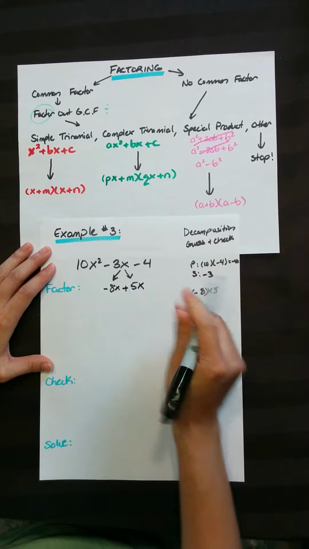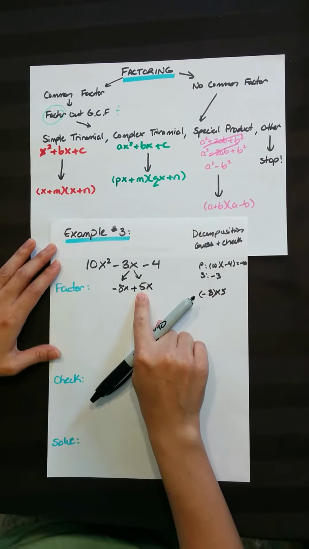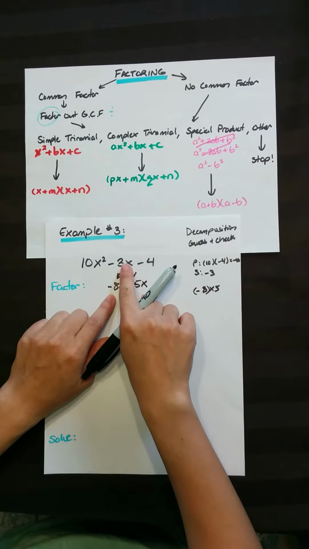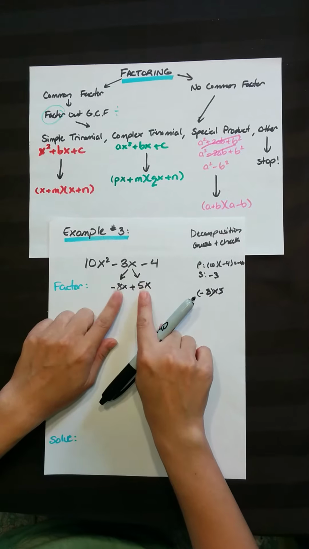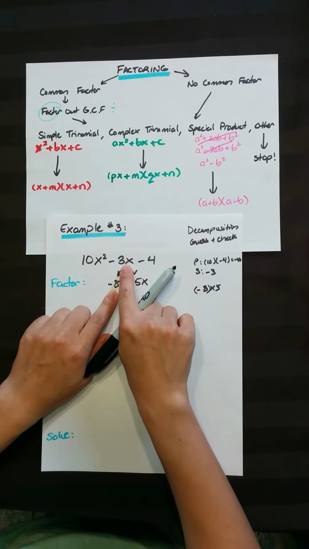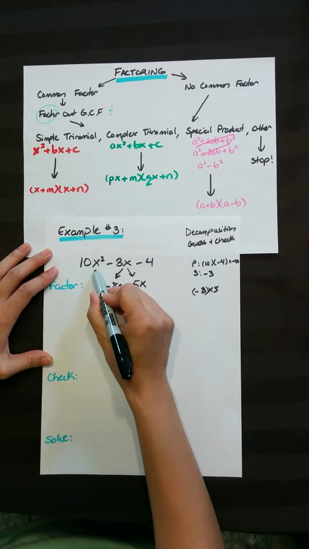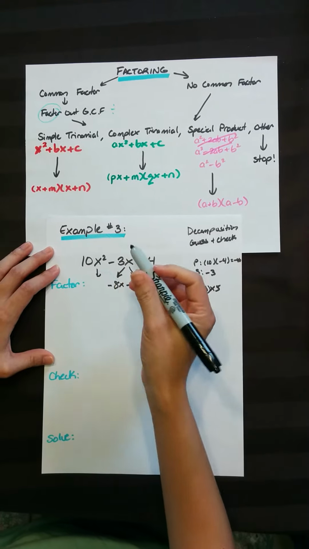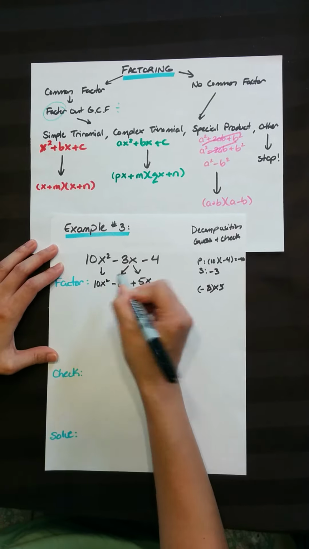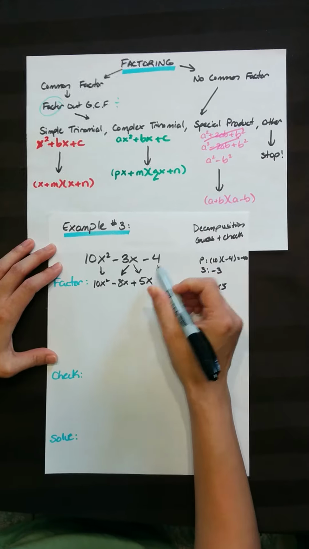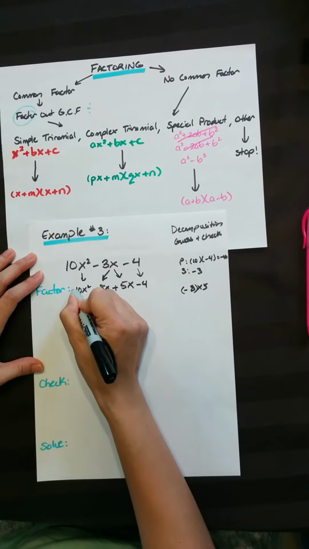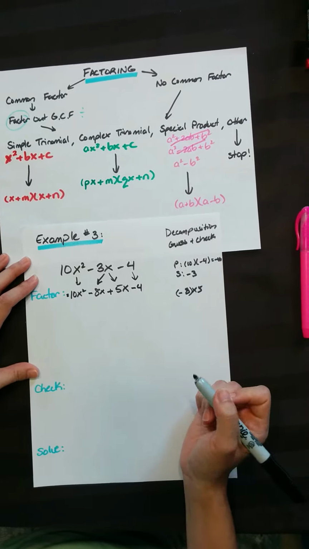Okay, and that was a +5. All right. Now, the reason we split this up is because these two make the 3. And then we're going to bring down the 10x squared. We're also going to bring down this -4. So that's our first step in decomposition.